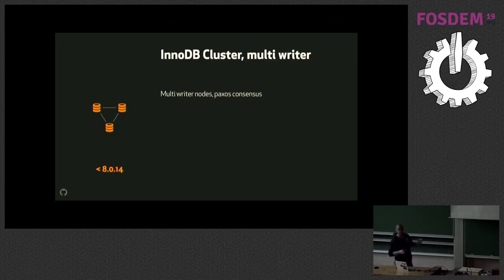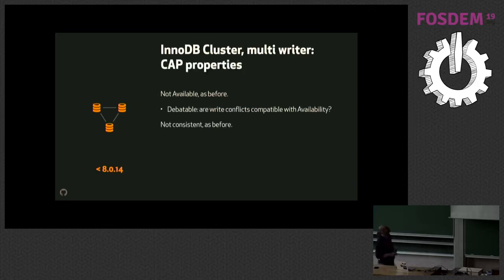With multi-writer nodes, you still get the same not available, not consistent system. And it's possibly even less available because now nodes may refuse your requests because of conflict. And that's not good with CAP, so it's even less available if you have more writers. Does it make sense? Less and less.